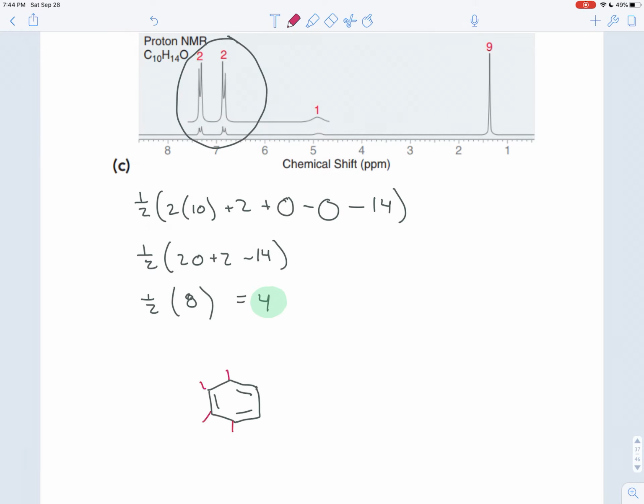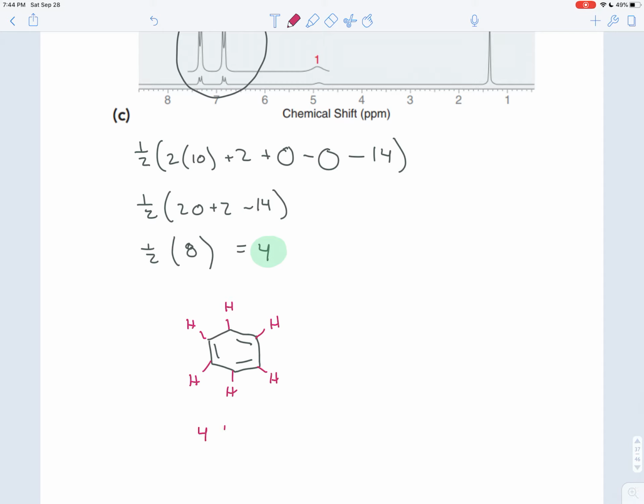On a benzene ring that had no branches, there would be 6 hydrogens. If we have to get rid of 2, then that means we have 2 branches, right? We have a total of 4 hydrogens on here. A benzene ring with no branches has 6 hydrogens. That means we need to get rid of 2 of them.